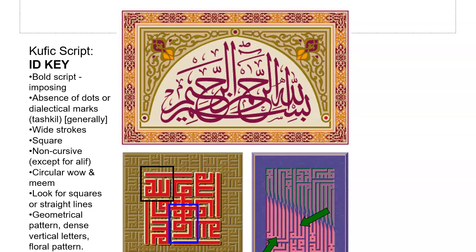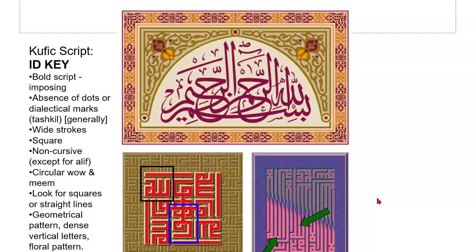On the lower right side, dense vertical letters in Kufic script are read both right side up and upside down. Again, look for Alif in the script or the words Allah or Muhammad to identify the verse. Green arrows point to the word Allah and also Muhammad, and this should also be clear in red. Now the first word, La, should be clear.